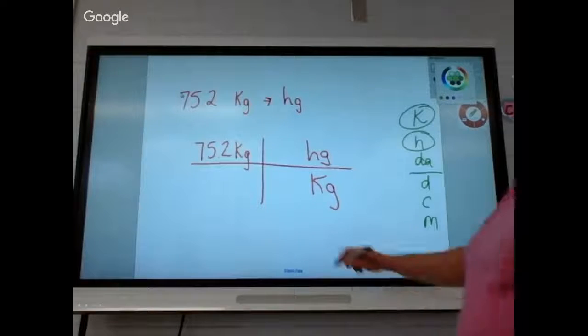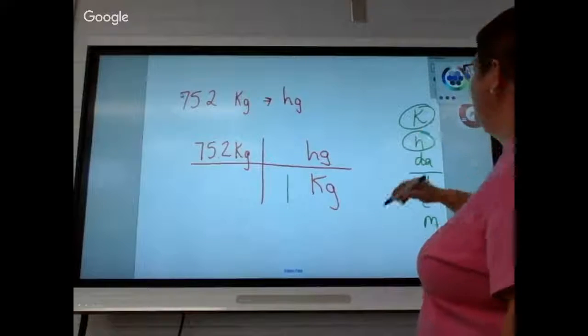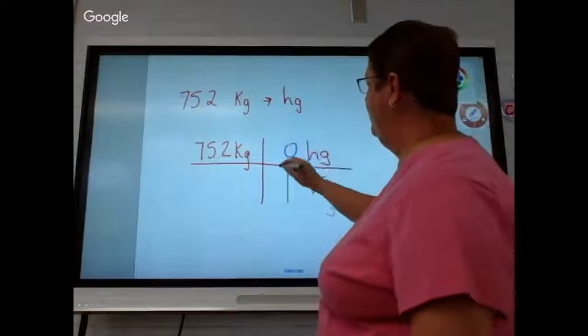KG. K's bigger. All right. How many spaces between K and H? Okay. So we're going to put 1, 0, and 1.